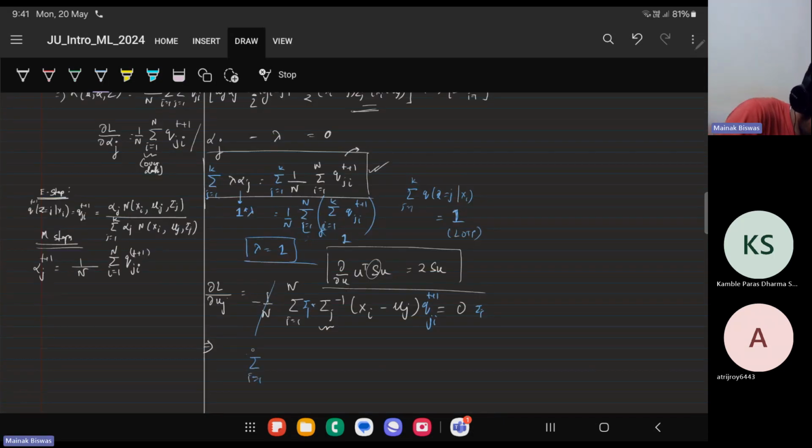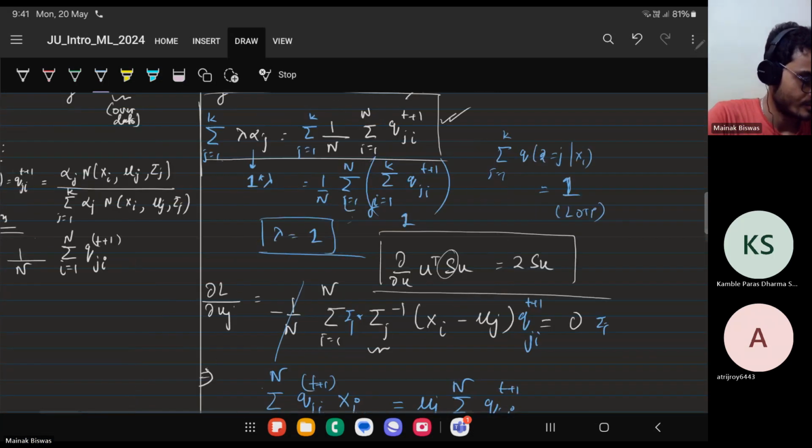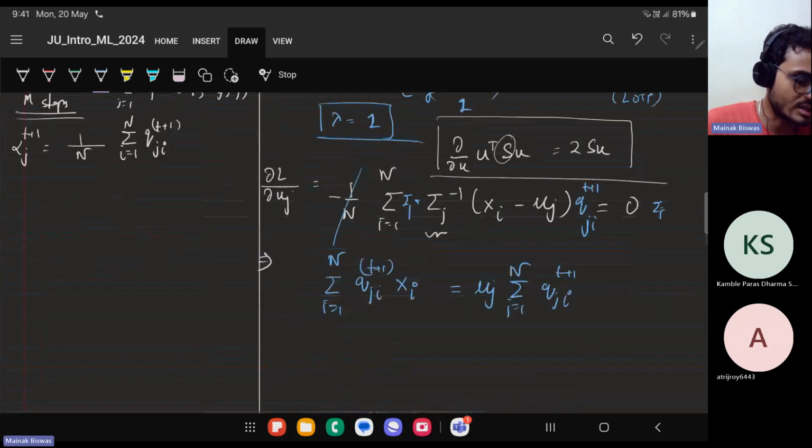So I get summation of i equal to 1 to n q ji at t plus 1 times xi, divided by summation of i equal to 1 to n q ji. This is what it is.